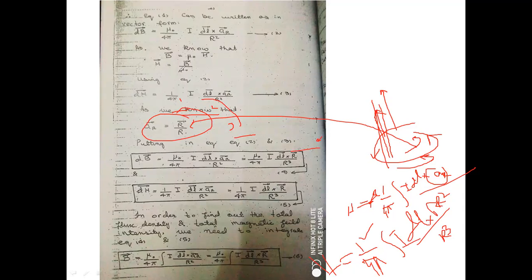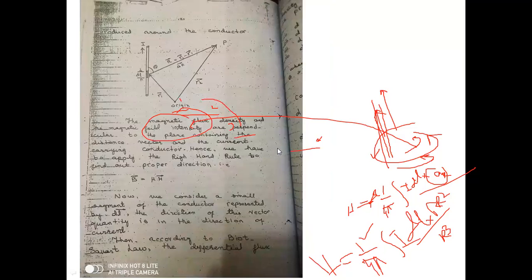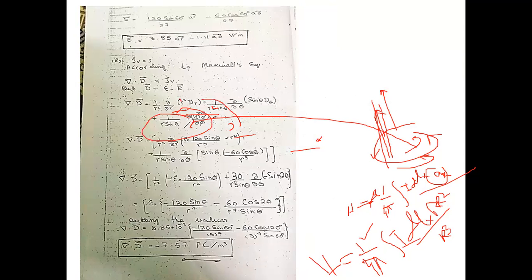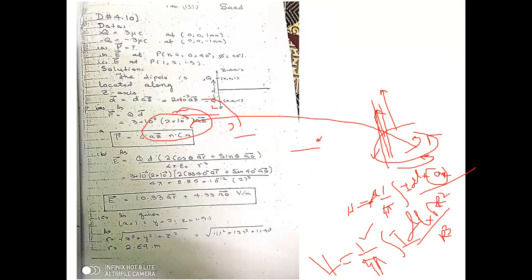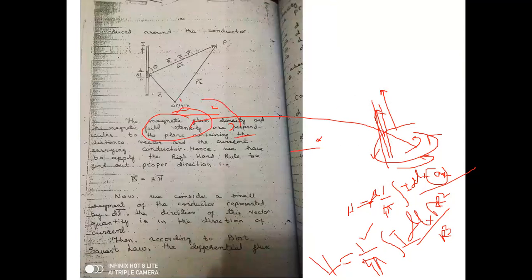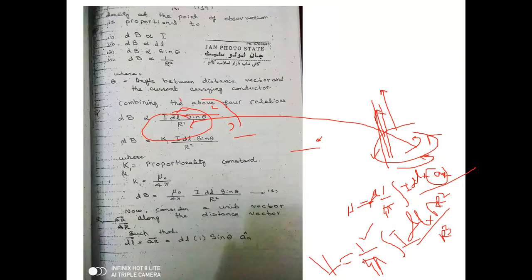So we will discuss the numericals of Biot-Savart law in the next lecture. That was all about the first session of the lecture, in which we discussed the numericals of the electric potential and the dipole moment, and then the statement and expression for the Biot-Savart law in terms of the magnetic flux density and magnetic field intensity.